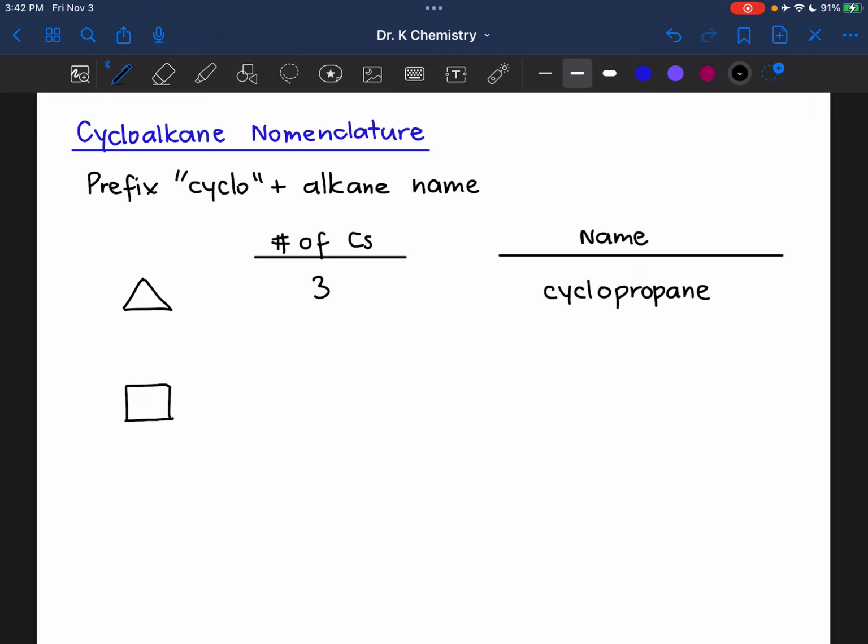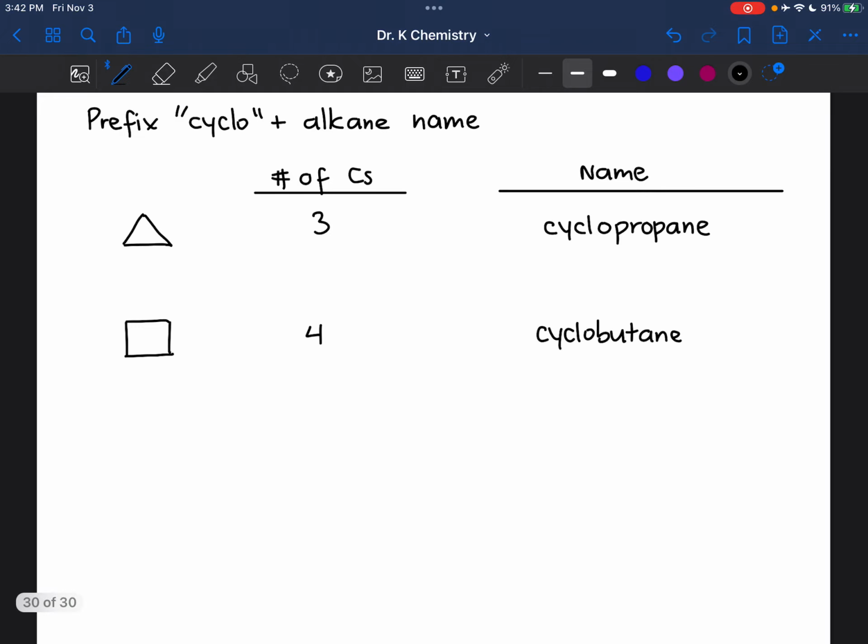If I draw what looks like a square, there are 4 carbons in this example. So I want to use the prefix but to indicate that there are 4 carbons. But because it's cyclic, I will start with cyclo, and I'll call it cyclobutane. And we can continue this with more and more carbons.